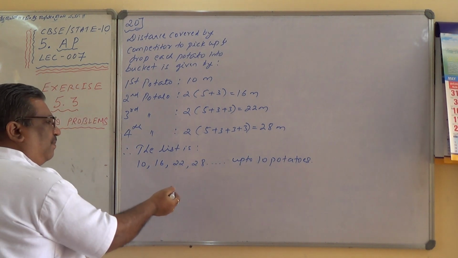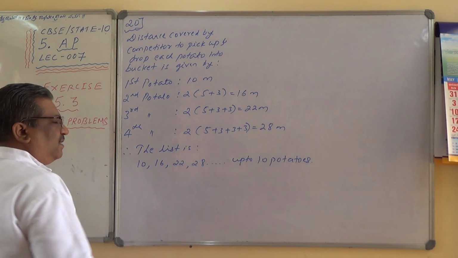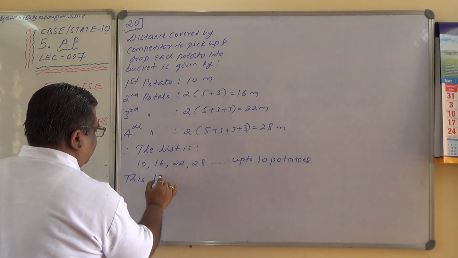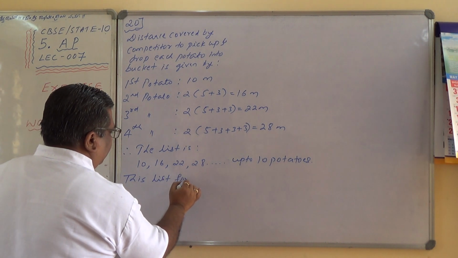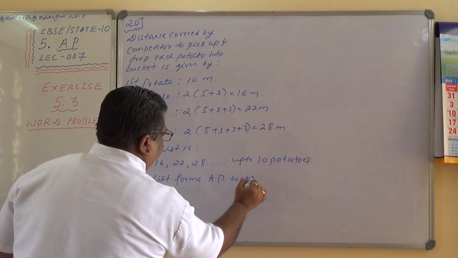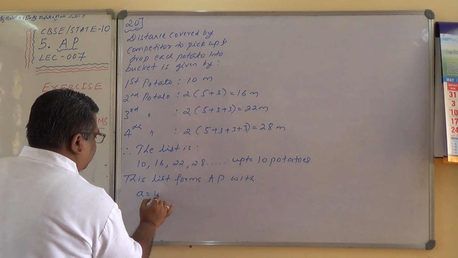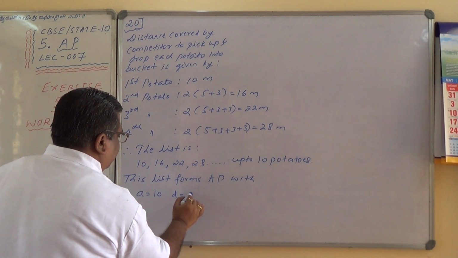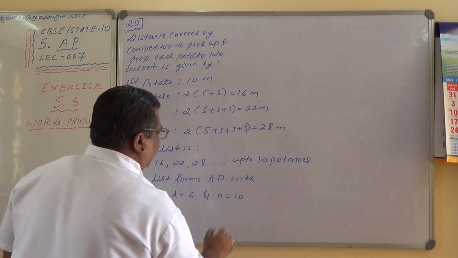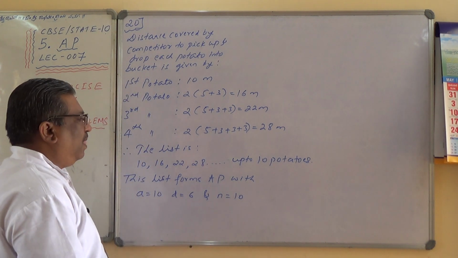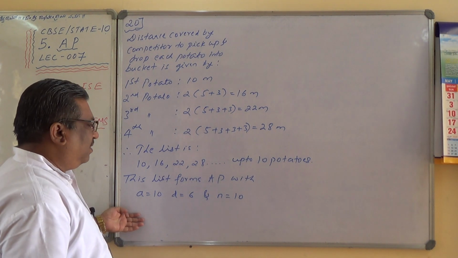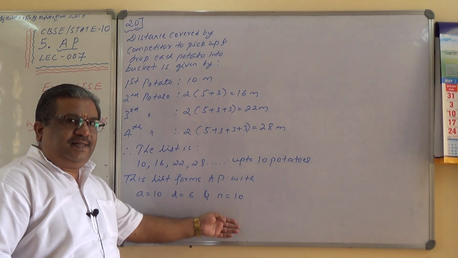This list forms an AP because the common difference is 6 everywhere. This list forms an AP with a equals 10, d equals 6 and n equals 10, because there are totally 10 potatoes. So what is the total distance? Total distance covered is equal to S10, isn't it?